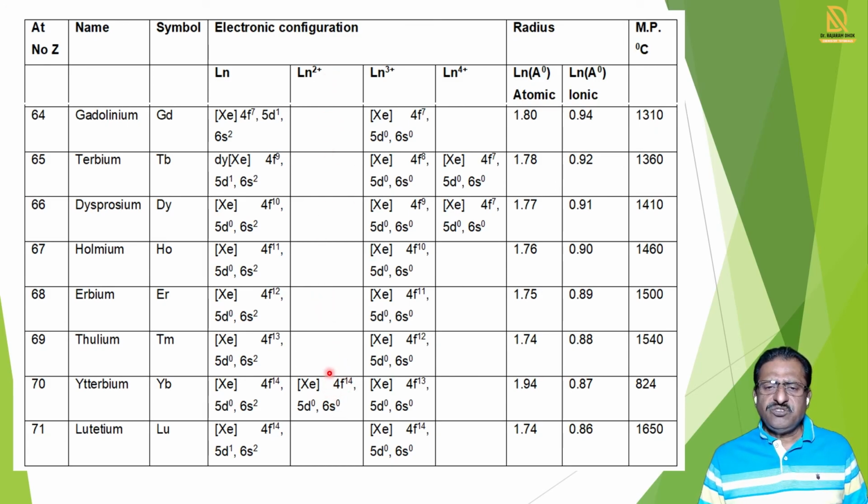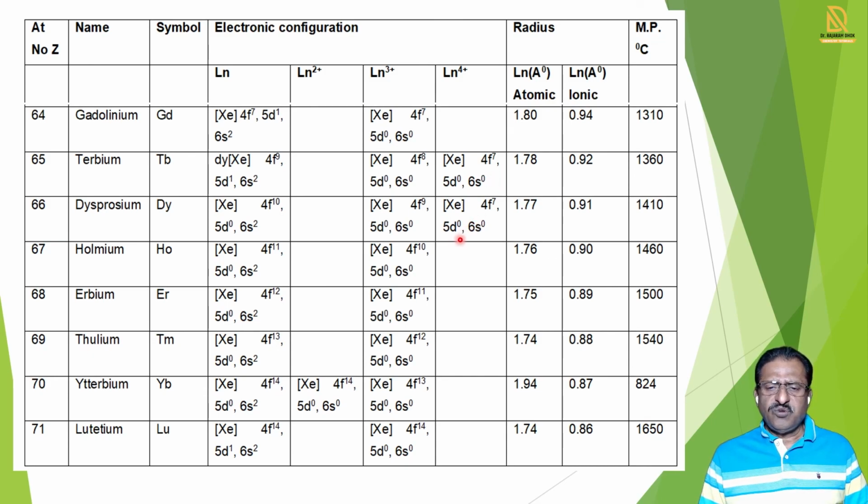Now some elements show +4. So see here, terbium shows the +4 oxidation state along with +3, and in the +4 oxidation state it shows the electronic configuration 4f7, 5d0 and 6s0. Because 4f7 is present in terbium +4, it shows the +4 oxidation state.